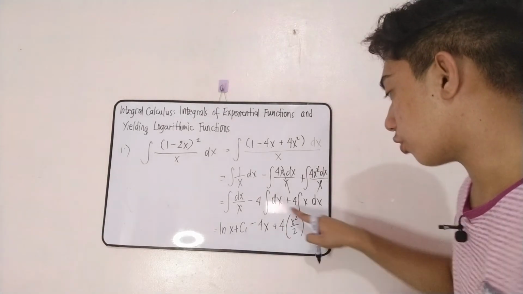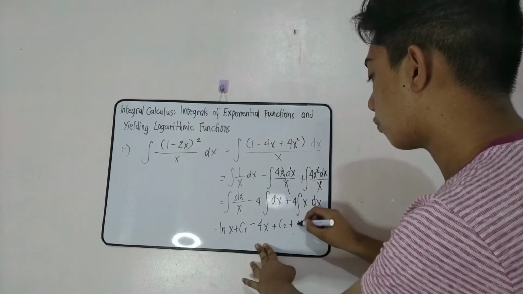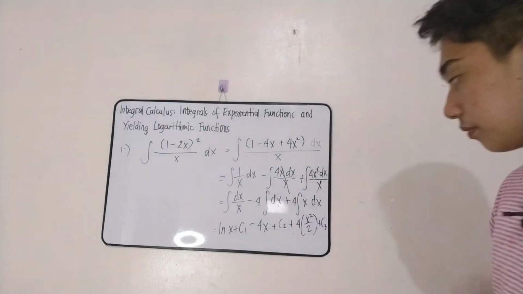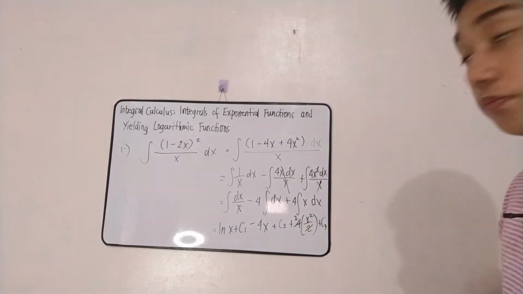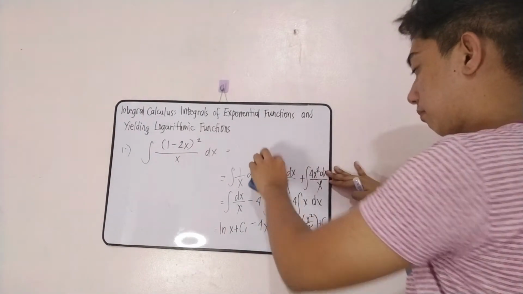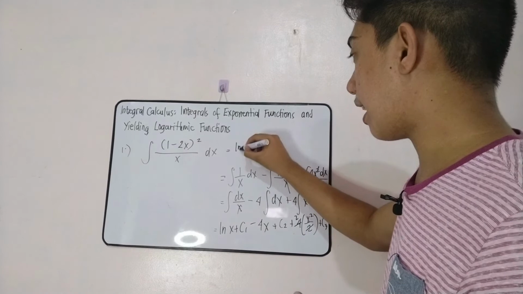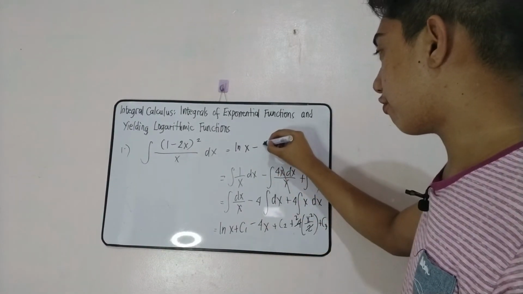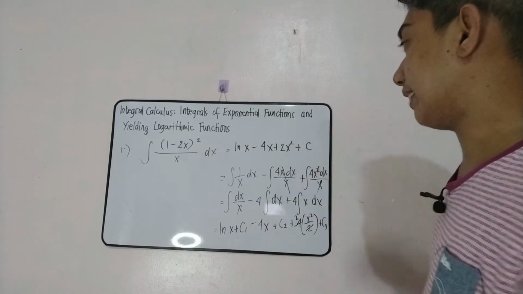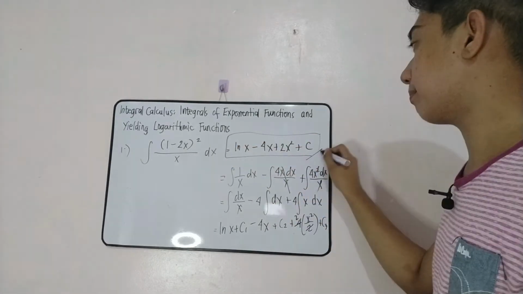I will put c sub 2 so you can understand, plus 4 times x squared over 2 plus c sub 3. Okay? So, this cancels, this becomes 2. Then, I erase this one. For all the c's, the result is still just one c. So, this becomes ln of x minus 4x plus 2x squared plus c. Okay? So, this can be your final answer.